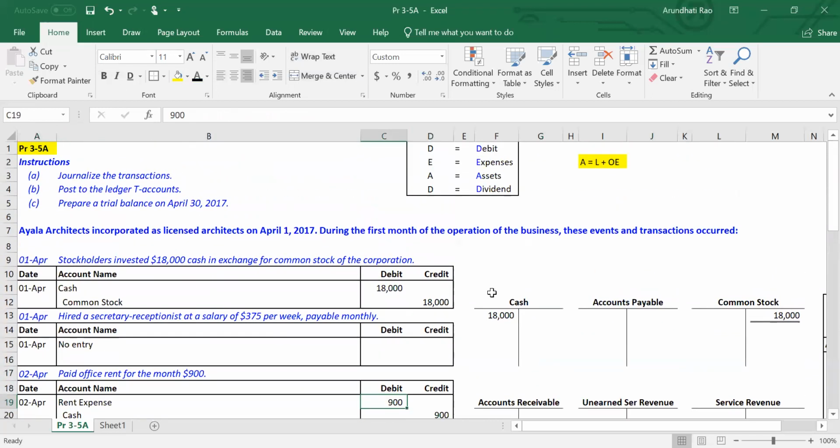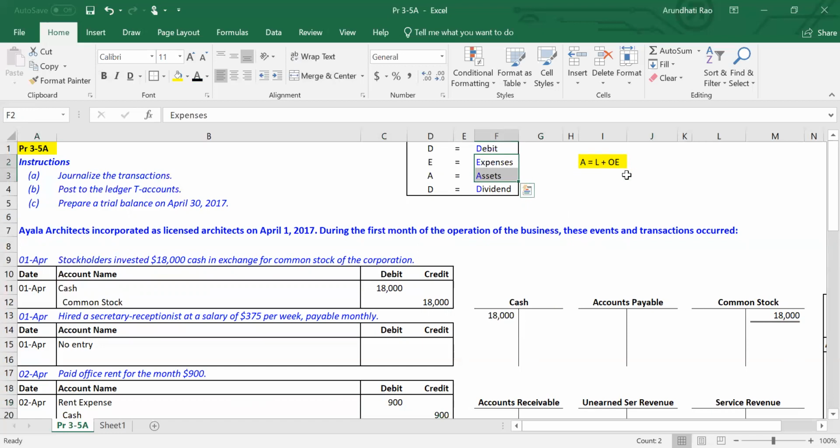Let's take a quick look at this acronym that I gave you. Debit all expenses, assets, and dividends. Now we are looking at an expense and an asset that's affected within the journal entry. Rent expense debit, cash credit. So I debited rent expense and I credited an asset, which is cash.